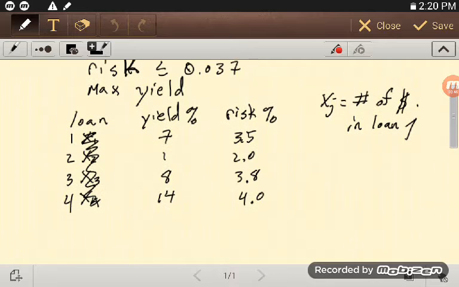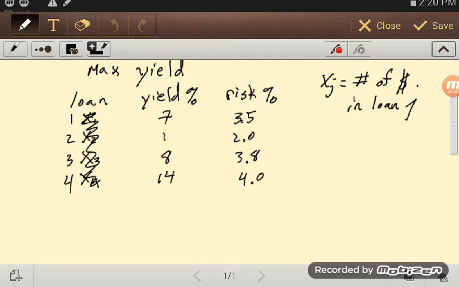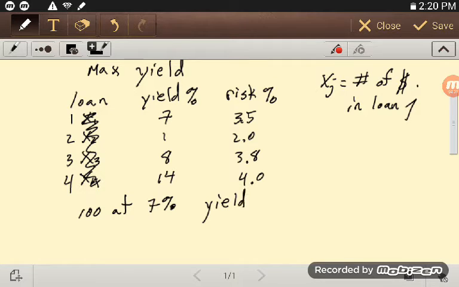The yield, I think, is probably the easiest, right? So let's just think of it as, if I put in $100 at 7%, my yield is, and now actually I'm not totally positive, but again it doesn't matter in some sense because it'll be a constant. My yield is, now here I think it's the 100 plus 100 times 0.07.